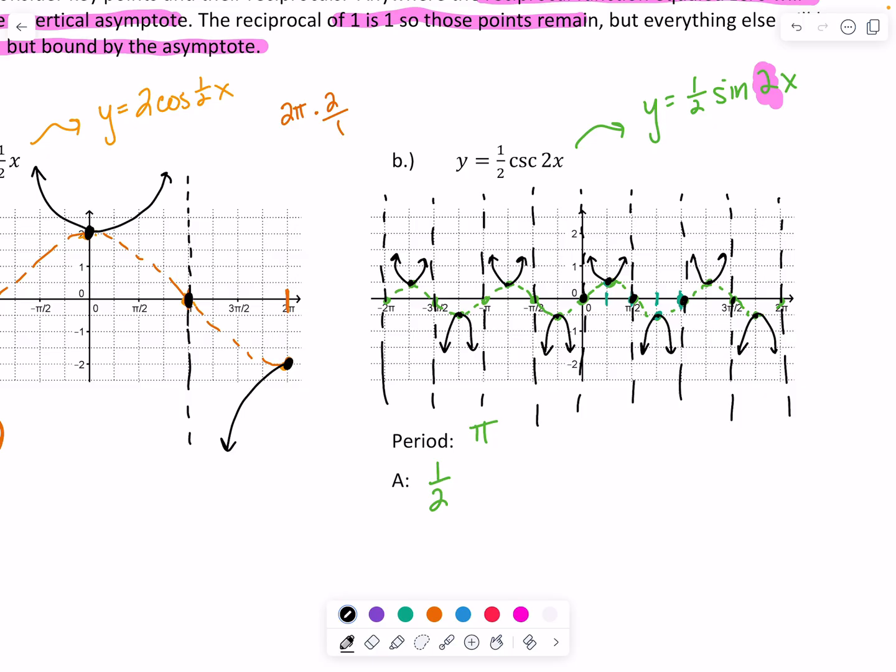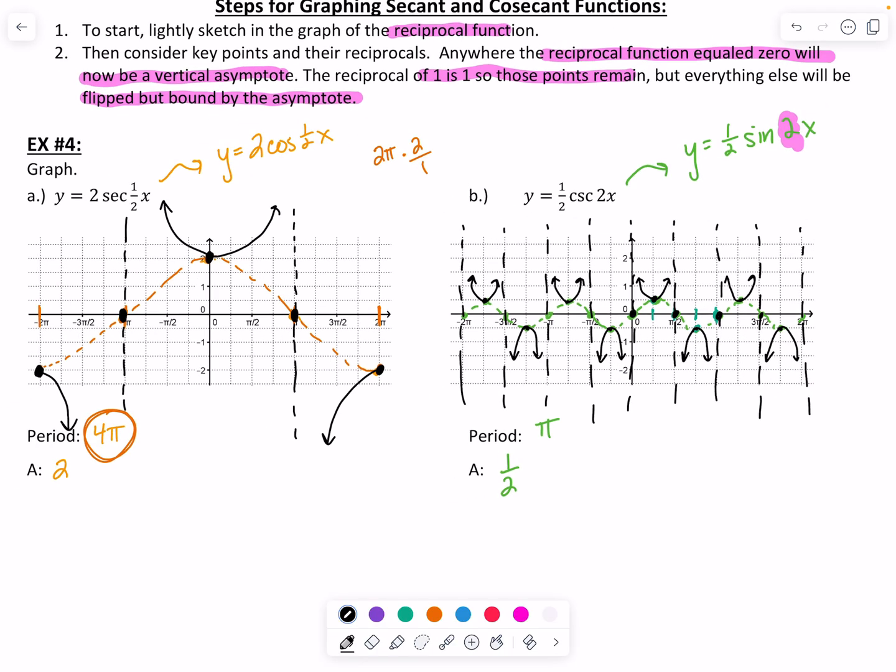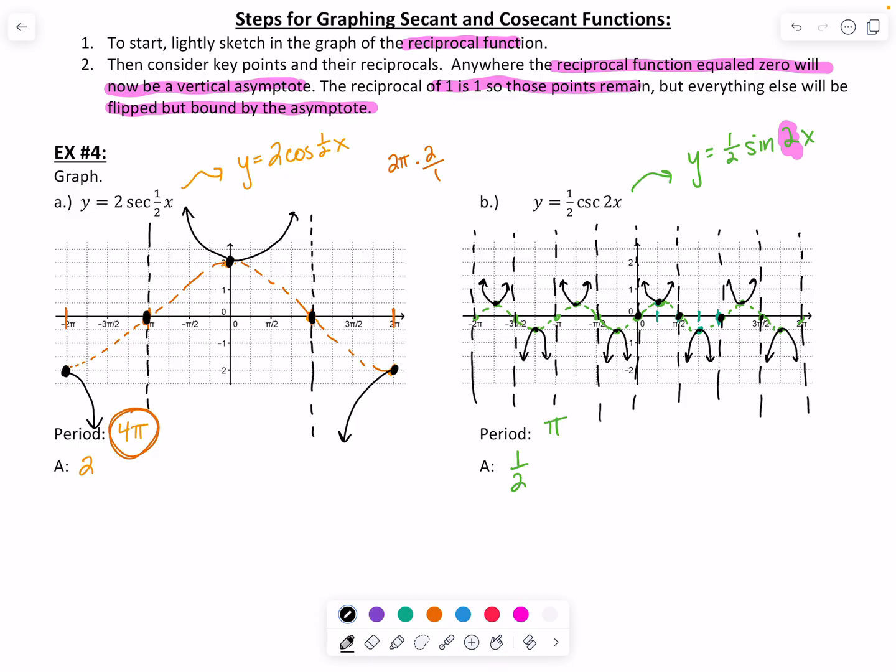All right, so again, it is always easiest for me to graph the reciprocal function, kind of sketch it lightly with a dashed line, and then from there, plot some of those important points where it equals 0 would be vertical asymptotes, and then the other values would be flipped but bounded by those asymptotes. I know my graphs are kind of rough sketches, not the most beautiful pictures.